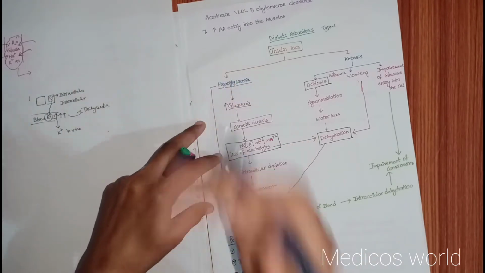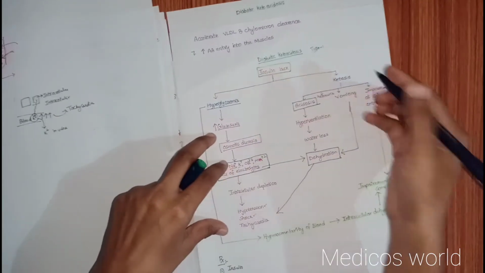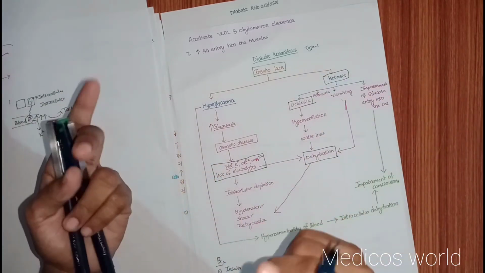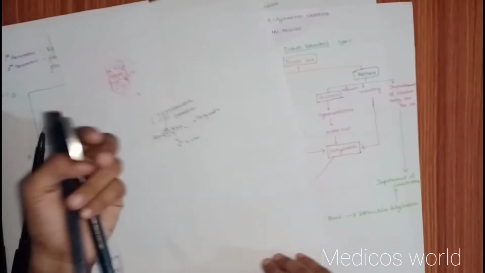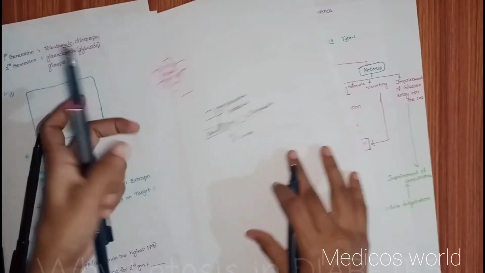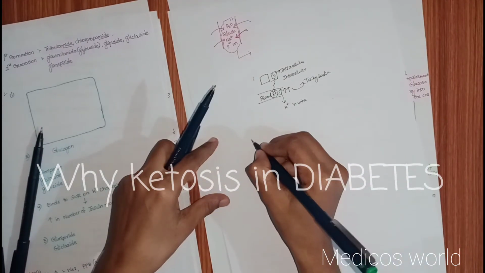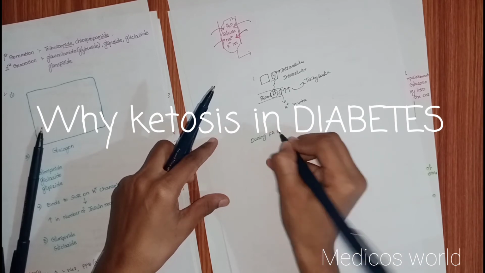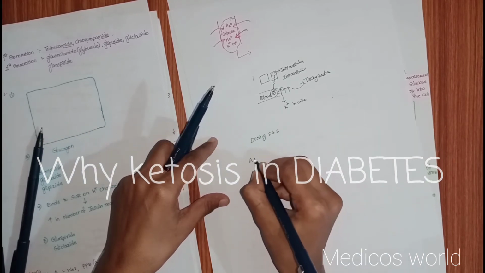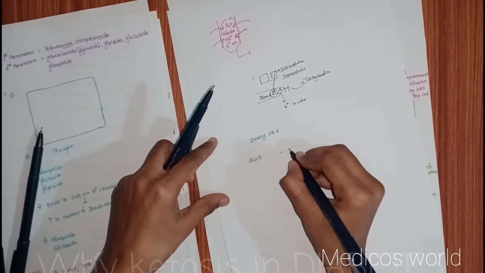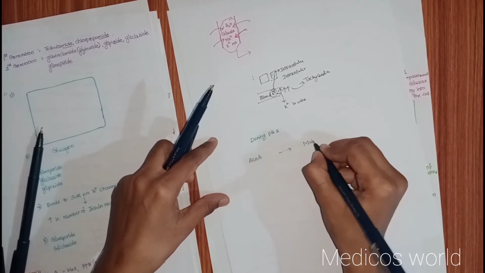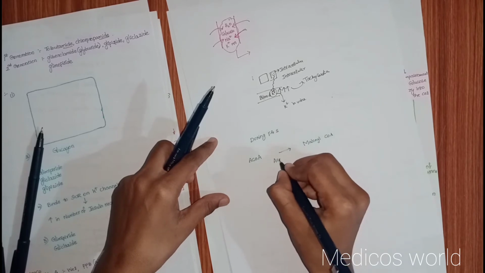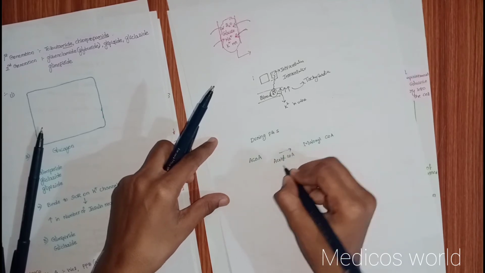This is about the hyperglycemia. Moving on to the fatty acids. What happens to the fatty acids in deficiency of insulin? See here, normally during fatty acid synthesis, acetyl-CoA is converted to malonyl-CoA by the enzyme acetyl-CoA carboxylase.